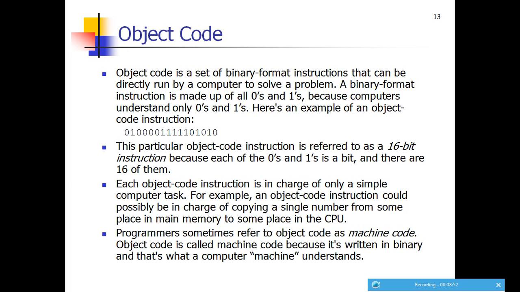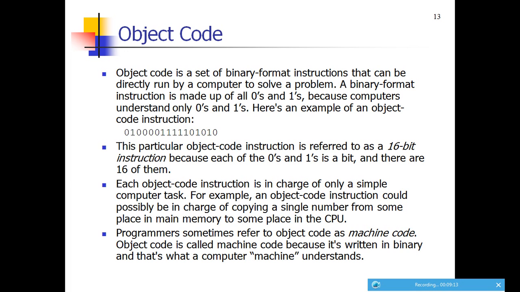ones. Here's an example of the object code instruction. This particular object code instruction is referred to as a 16-bit instruction because each of the zeros and ones is a bit. There are 16 of them. Each object code instruction is in charge of only a simple computer task.